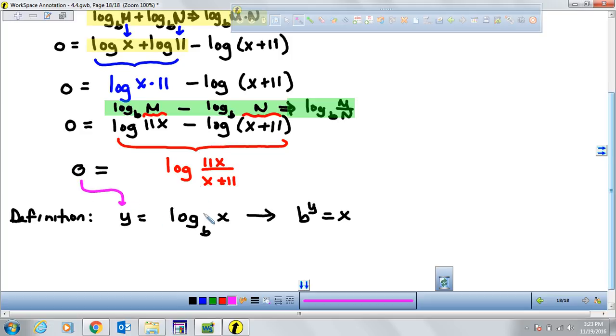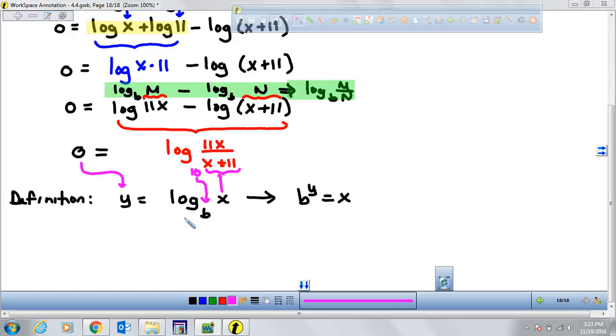My base b, we don't see it, but when there is no base, the base is 10. And my x in this expression is represented by this fraction. So we're going to rewrite it in exponential form, which is b, the base, which is 10 in this case, to the y power, y is 0, equals x, but x is represented by that fraction, which is 11x over x plus 11.